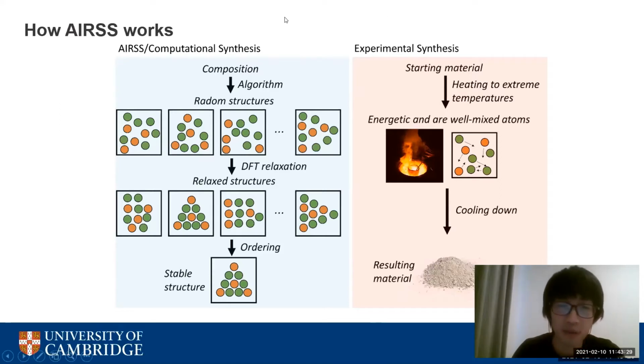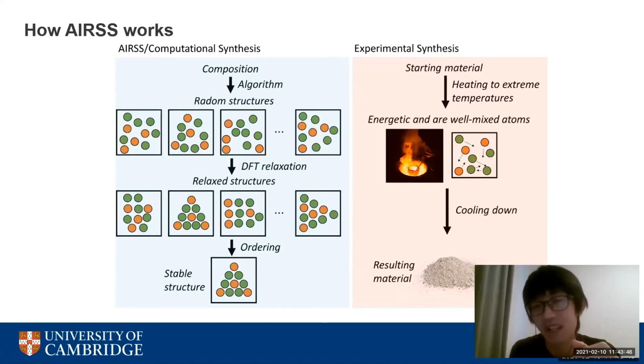So in an AIRSS search, we basically put a different number of atoms into a cell, and we make it random. In comparison, in an experimental synthesis, we put the starting materials, essentially a lot more atoms, into the crucible, and then we raise the temperature to very high, and the material might melt or go to some disorder state. Basically, the atoms are also well mixed.